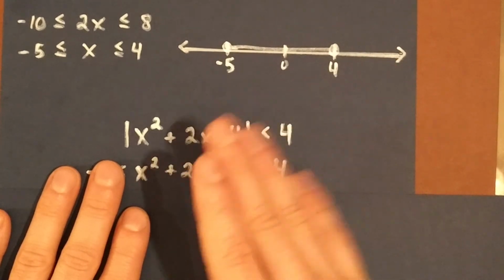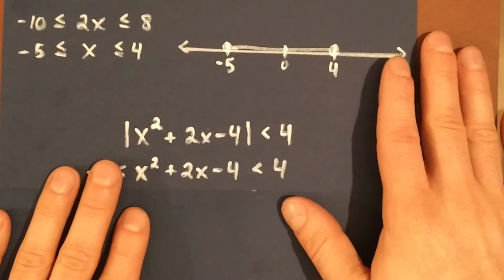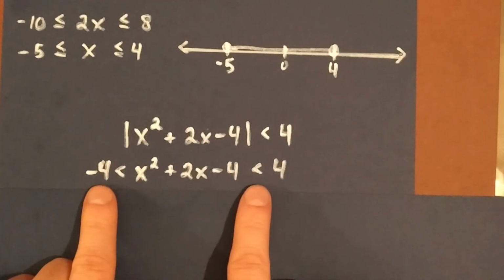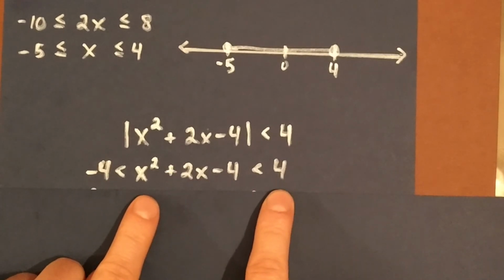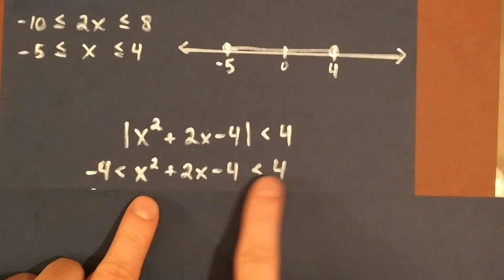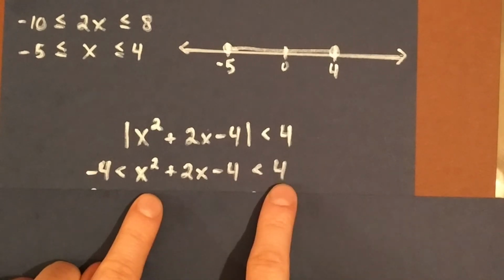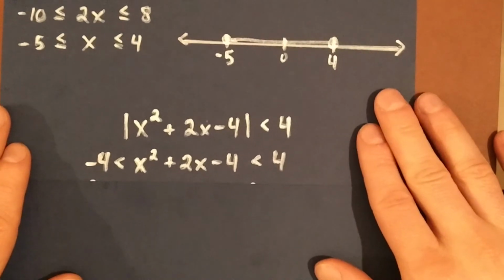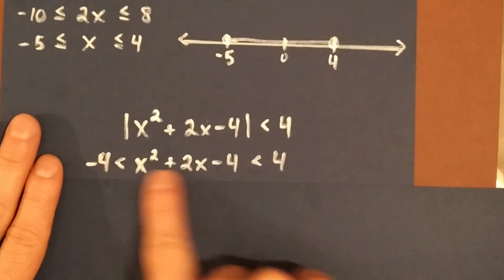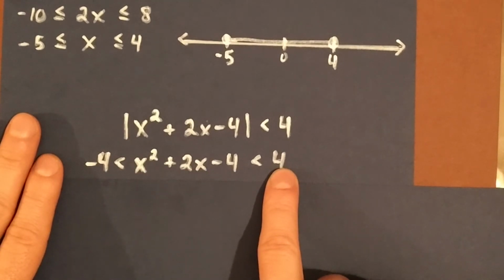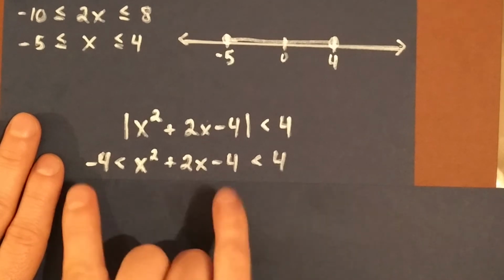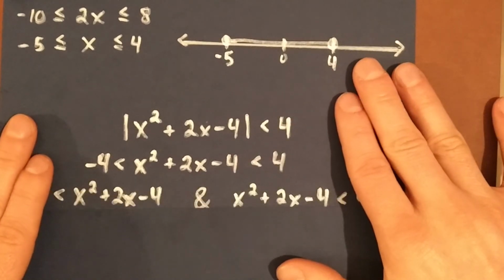We would move everything to one side and have 0 on the other side. But we can't do that here because there's 3 parts. If we try to get this side equal to 0, this side won't be. And if we try to get this side equal to 0, this side won't be. So in this case, we need to actually split it into the two separate inequalities.